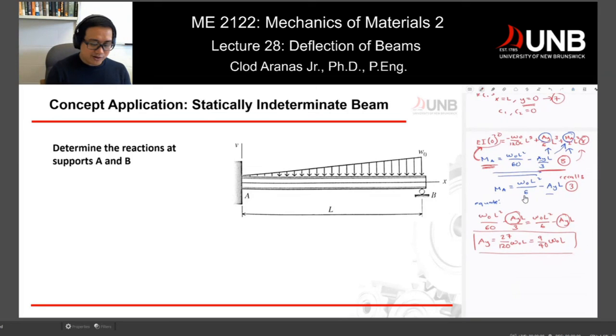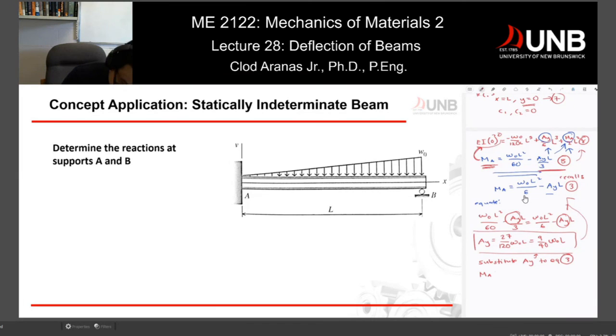Now we have A_y, we can substitute back A_y into our M_A, and then we can calculate for that. So substitute A_y, which is this on the top, into equation 3, let's say. It could be equation 8, could be equation 3, you should get the same.